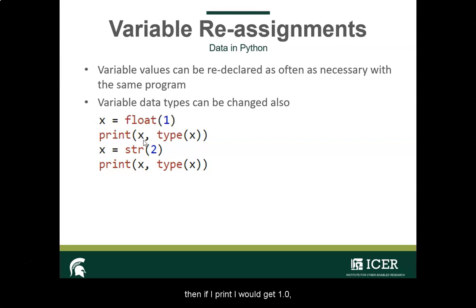Then if I print, I would get 1.0, and my type would be float. I can reassign the lowercase x variable to be a string of the number 2. Now when I go to print, I get number 2, but now it's a text base rather than a float. And then if I print type, it will say string.